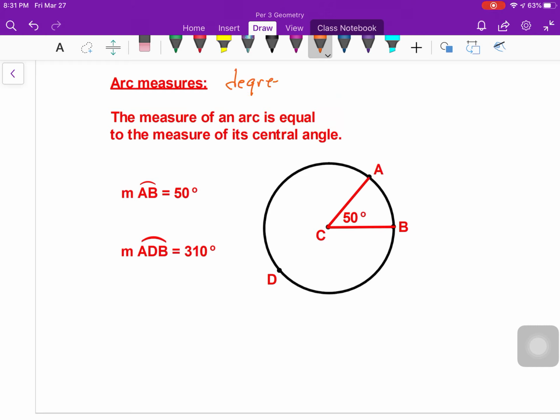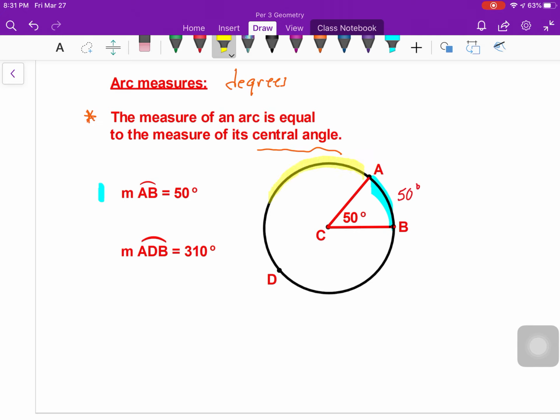Arc measures. Arc measures are in degrees, just as angles are in degrees. And in fact, an arc measure is always equal to the central angle measure. So if you look over here, the measure of arc AB would be 50 degrees, because the central angle that goes with it is 50 degrees.